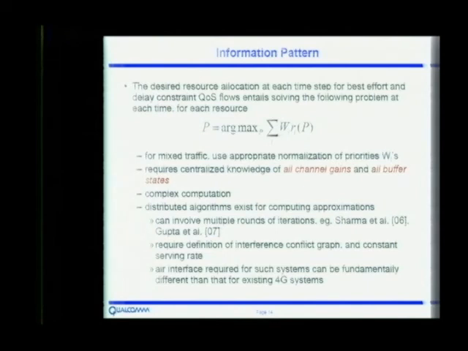You can extend this to an n link scenario where you look at some rate region. If you were to do it in a centralized manner, it would automatically pick a rate vector which maximizes this. And if two links interfere highly with each other, you can't have high values for both of them. So you have a choice: both are low, or one is high, or the second is high.